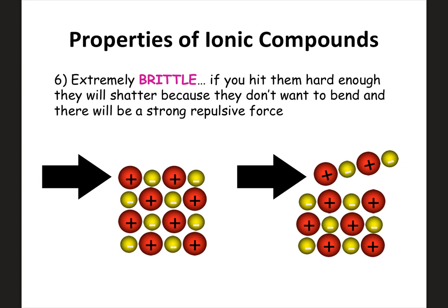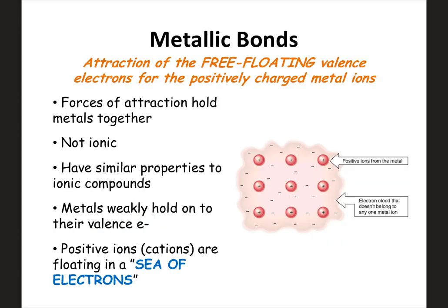So if you hit that compound hard enough, you essentially force like charges to come in contact with each other, which would cause the entire structure to break apart, repel, and shatter. So ionic compounds are very brittle because of this.